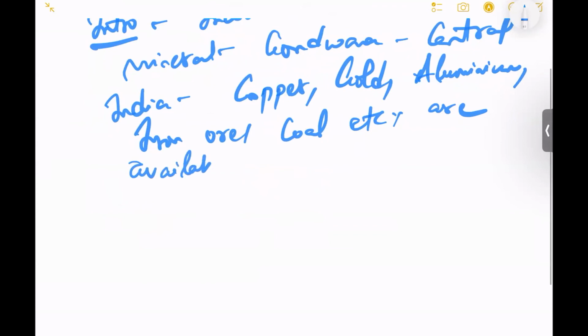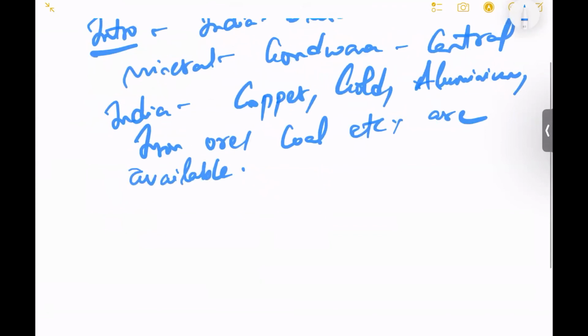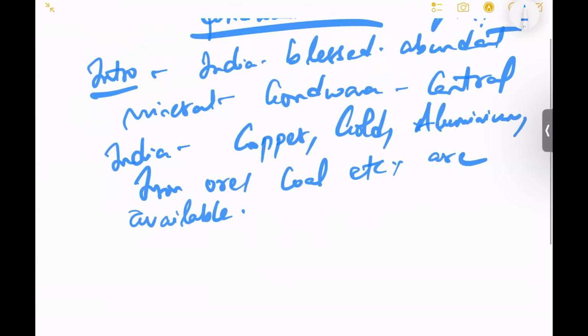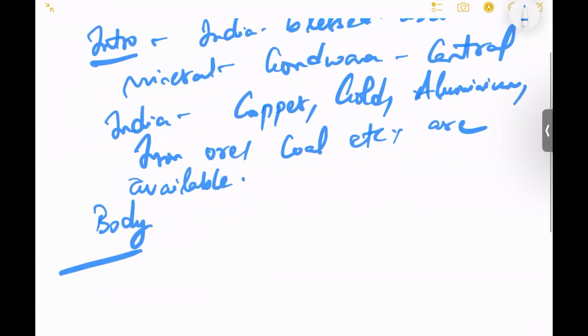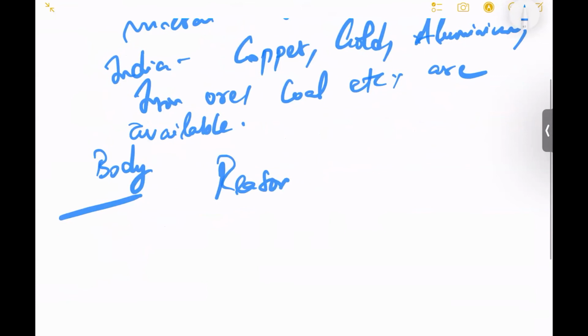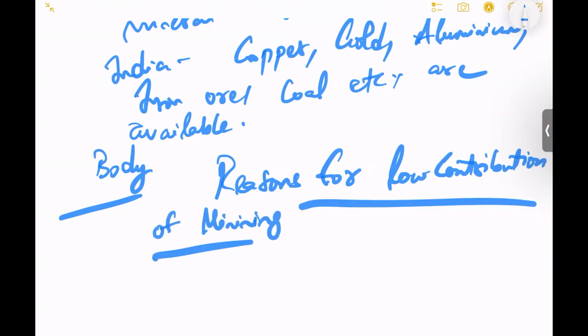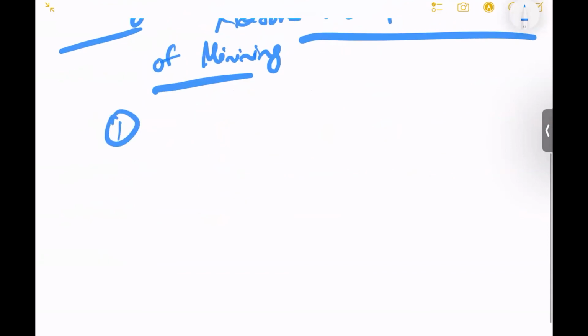Fine, right. So in the body, you will mention what are the reasons for low contribution of mining sector in India. We know all of them. First, most of them are present in tribal habitat areas.